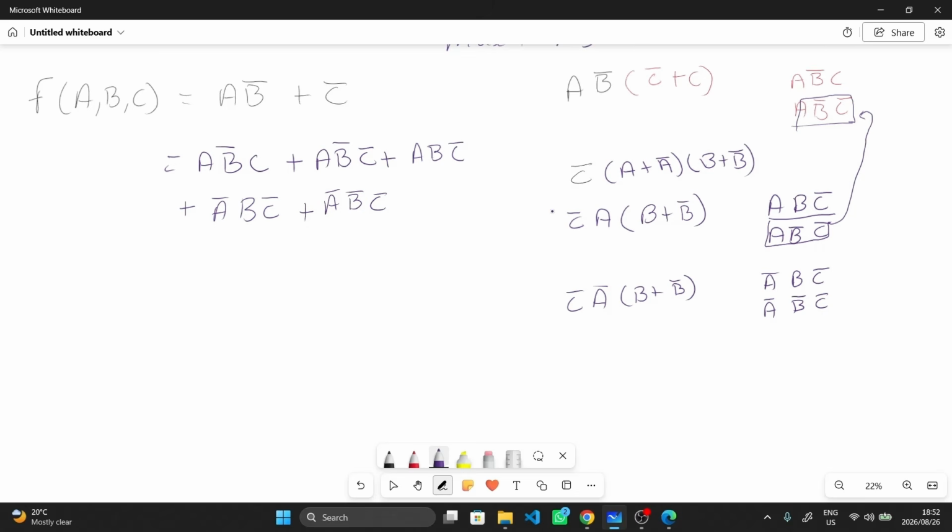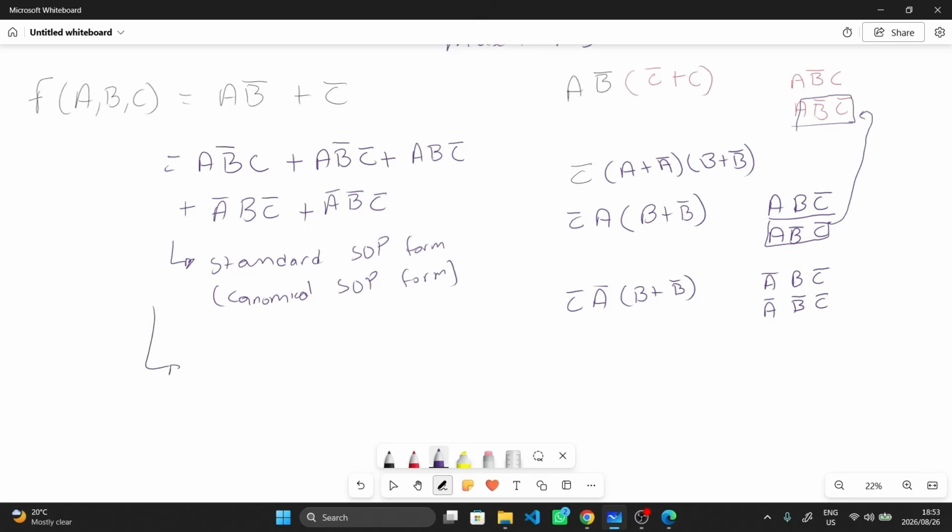Then again, this is a standard SOP form, canonical SOP form.